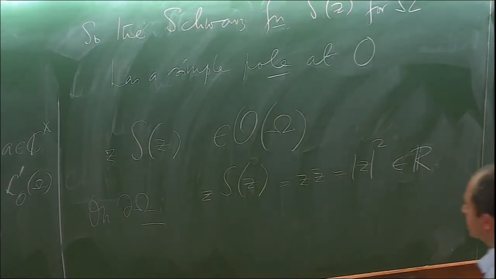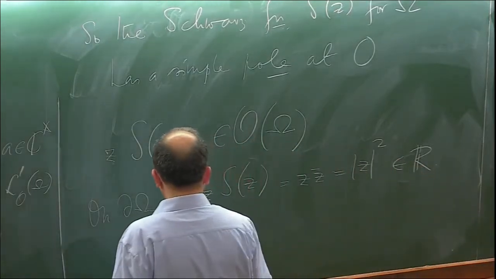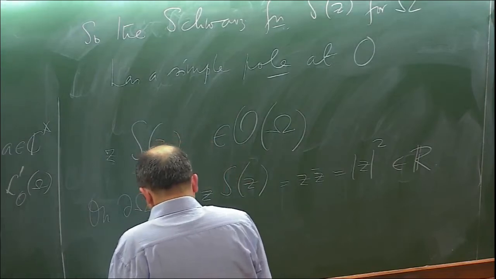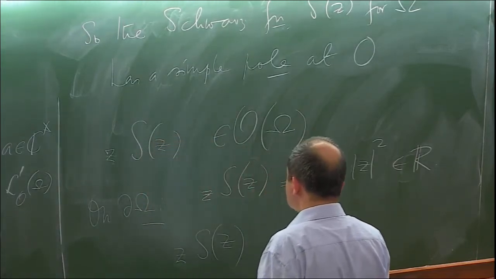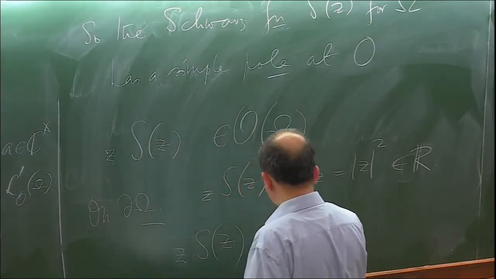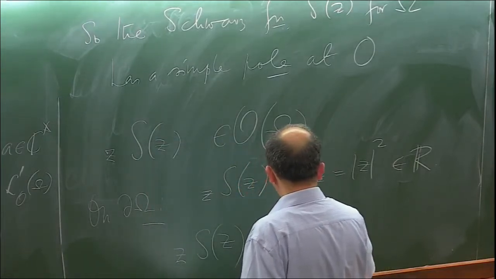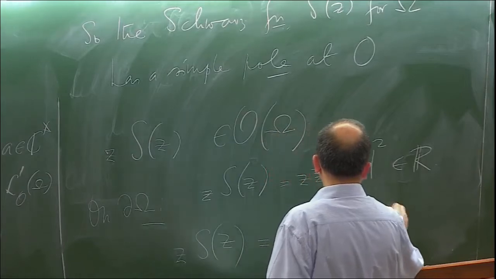And therefore, by the identity theorem, Z times S of Z is a real constant, say C.